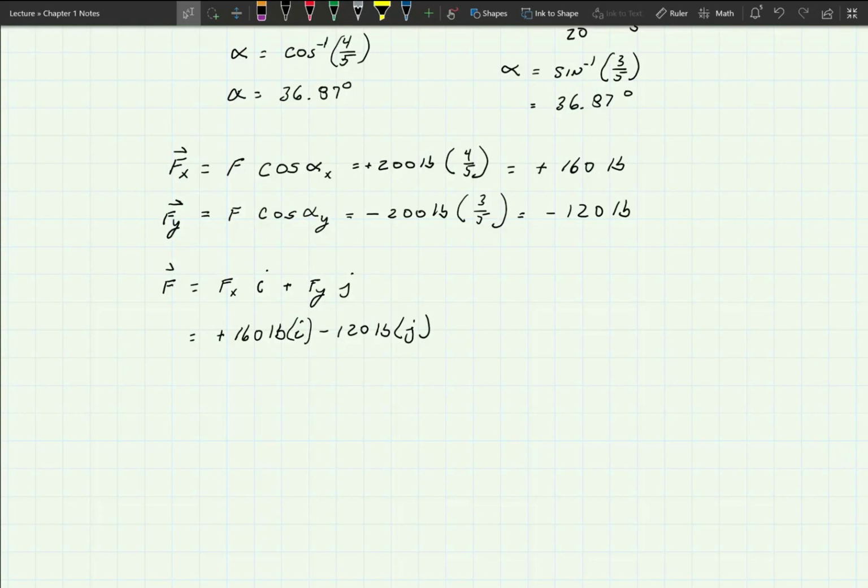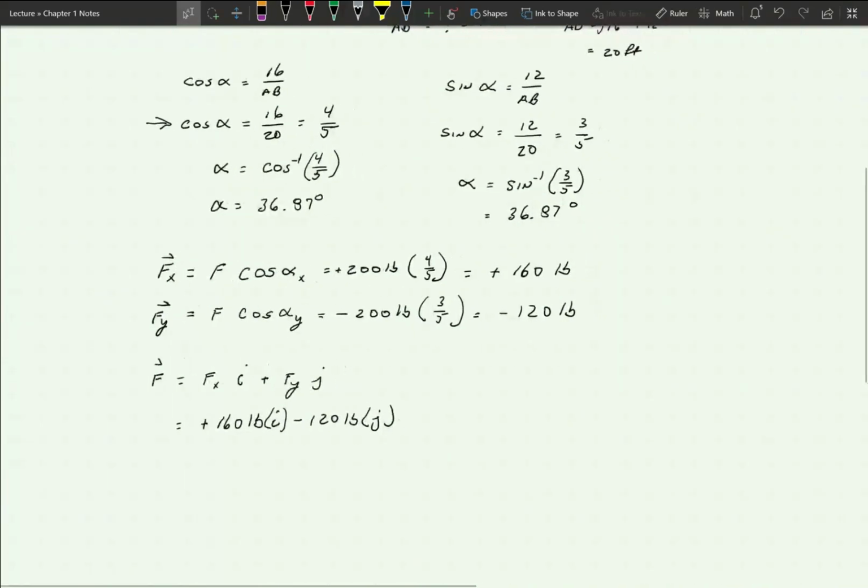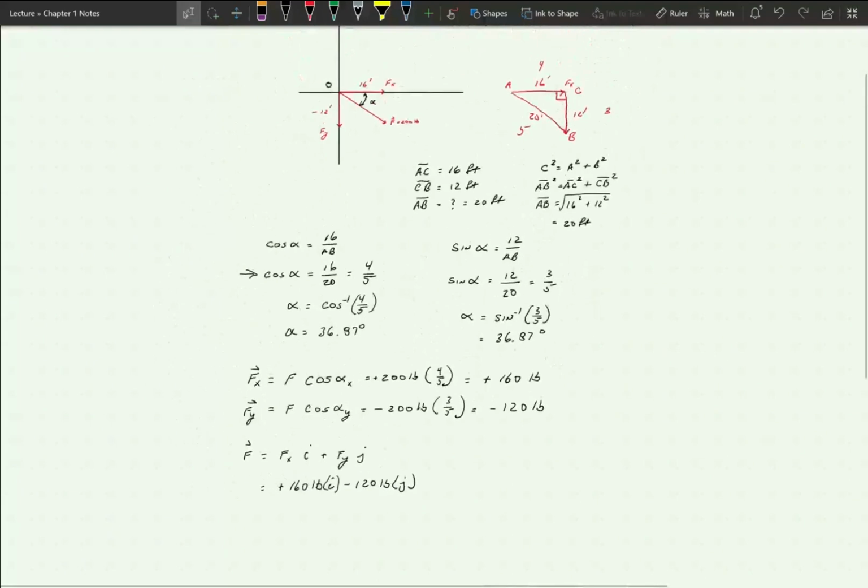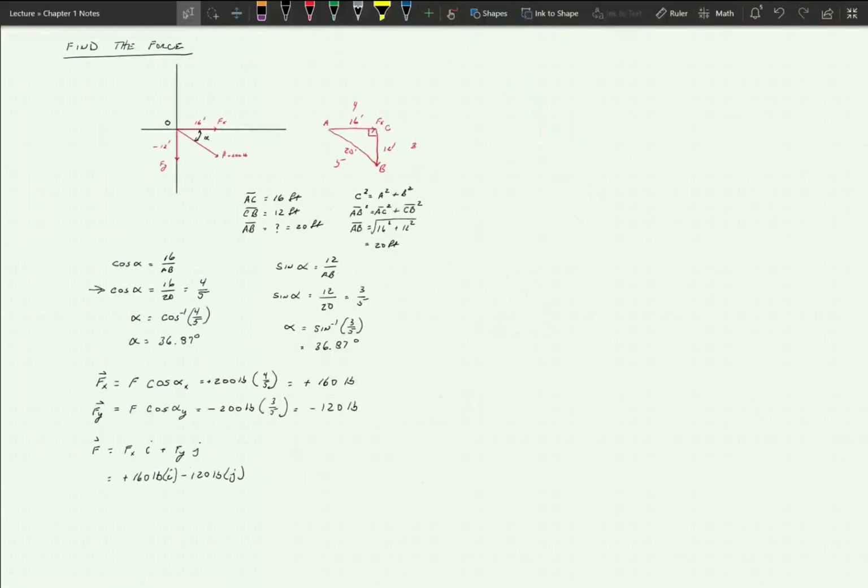Okay, so I'm going to set up another example for you, but let's review some of the stuff that we did in the last video. We were looking to find the forces, and I should also put up here the angle. Otherwise we don't get a vector.